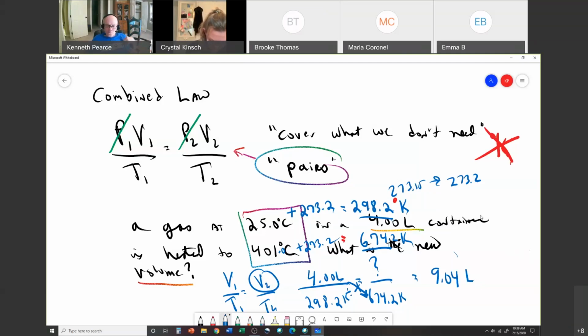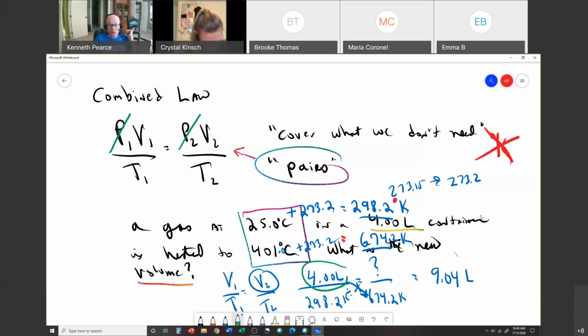Okay. Now, if you look at those numbers, 298 versus 674, do you notice something special about those numbers? 298 is about 300, and 674 is about twice as much, isn't it? It's a little over twice as much, but did you notice what happened to the numbers here?